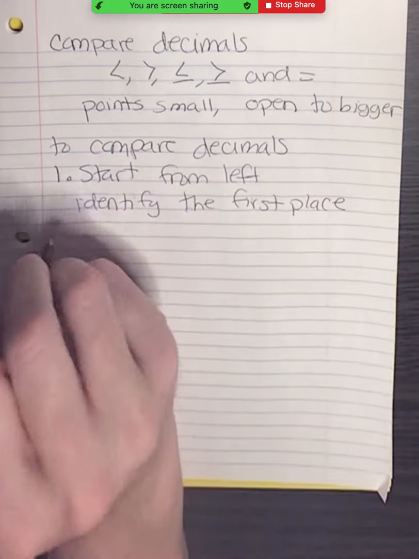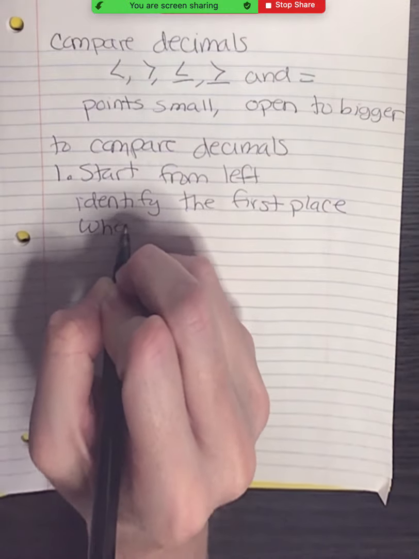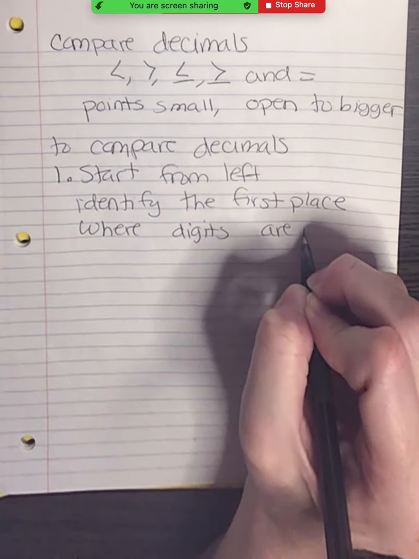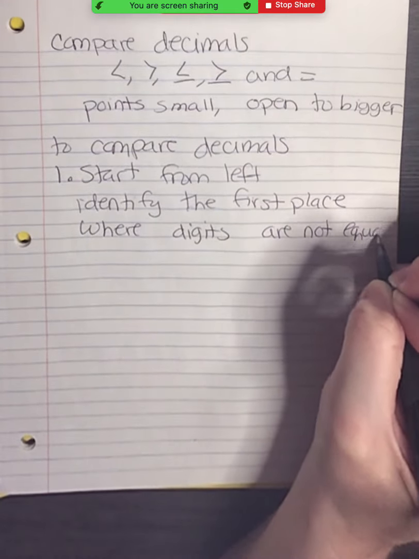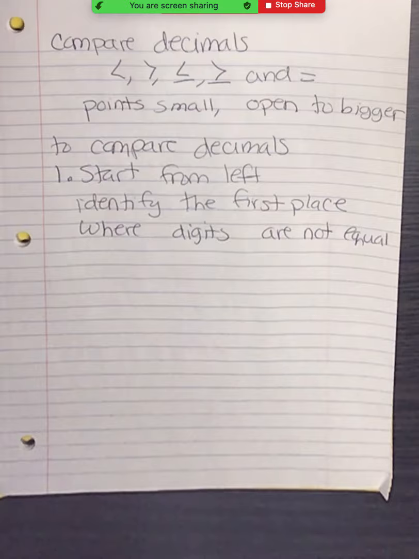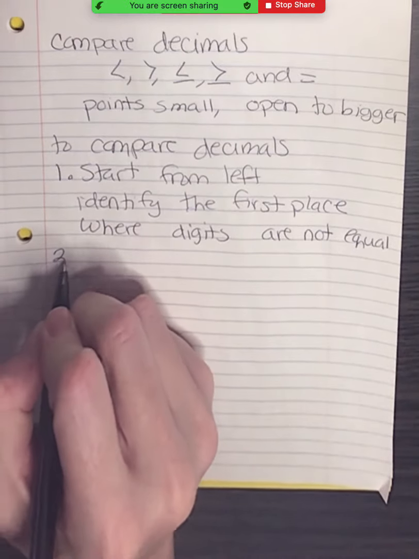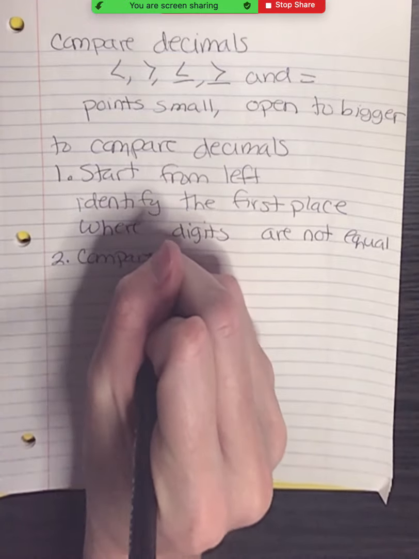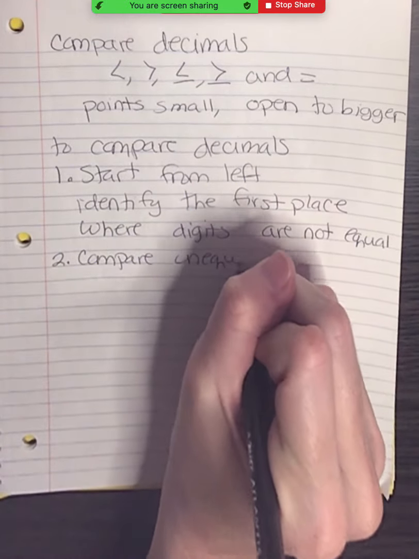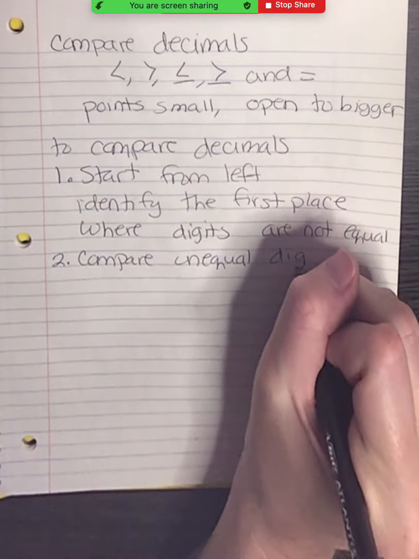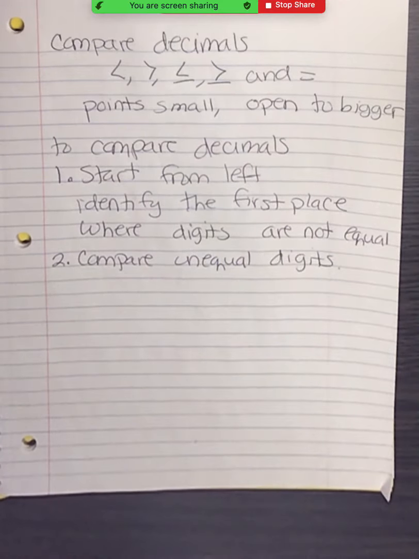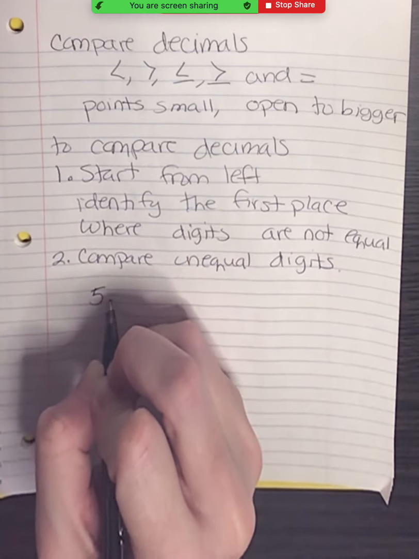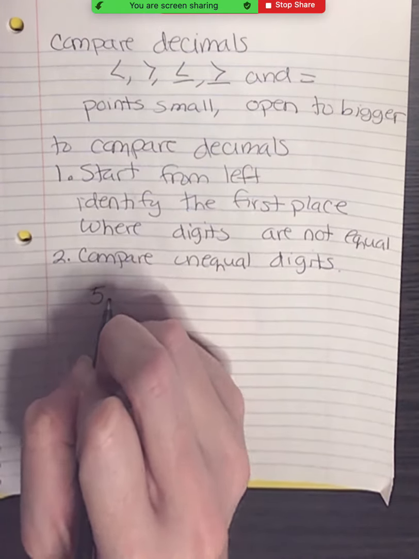So I want to compare 5 and 2 thousandths, 5.002, to 5 and 2 hundredths, 5.020. Okay, so I start from the left. So the first digit is a 5 on both of them. Those are equal. Then I have my decimal. Okay. Then I go to the next digit. I have a 0.